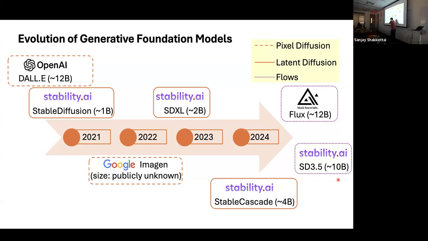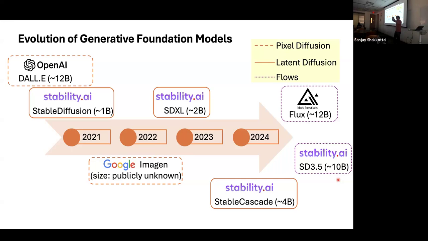When I get into the types of diffusion models for images, you'll see that the history goes back to 2015. I'm just going to talk about some recent models which are out in the public. The first private model, but nevertheless very popular, was OpenAI's DALL-E model, which was a 12 billion parameter model. It's a pixel space model.